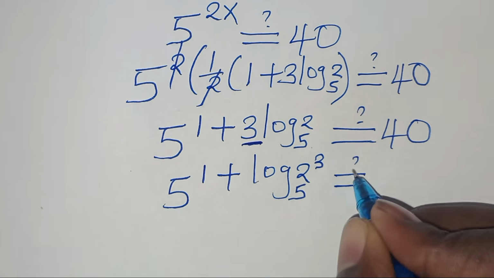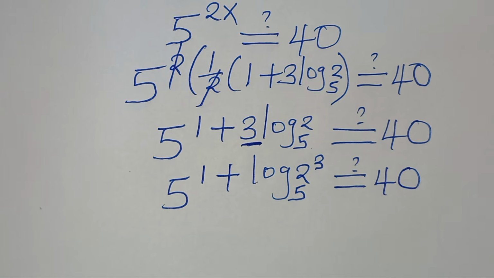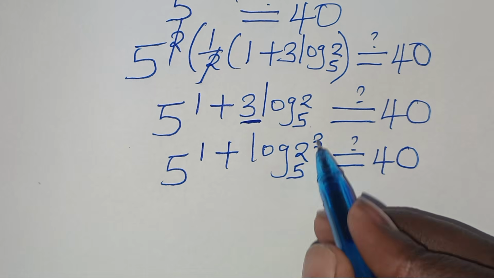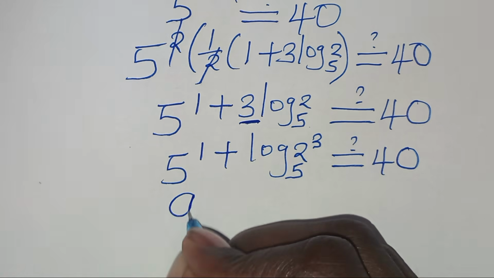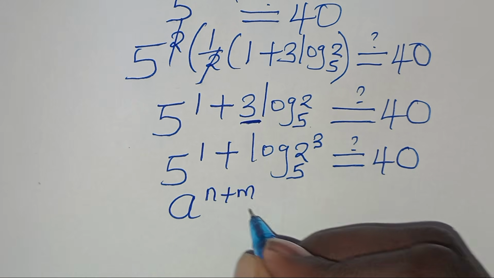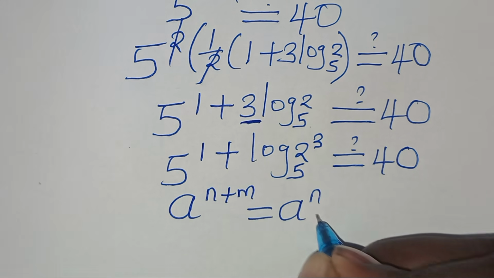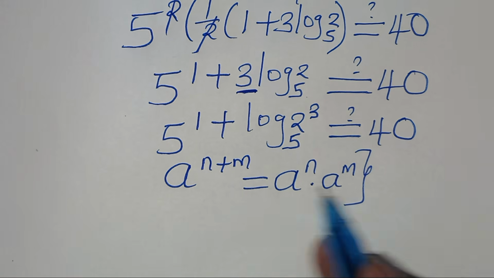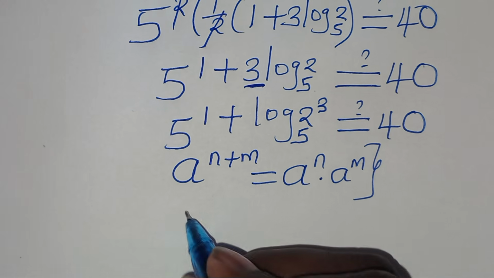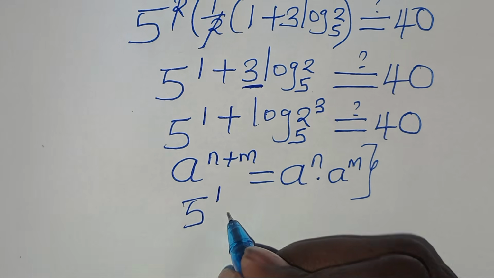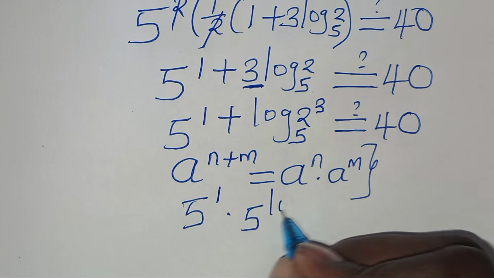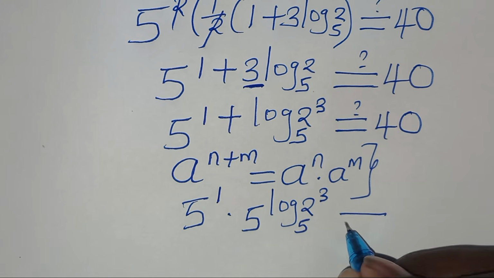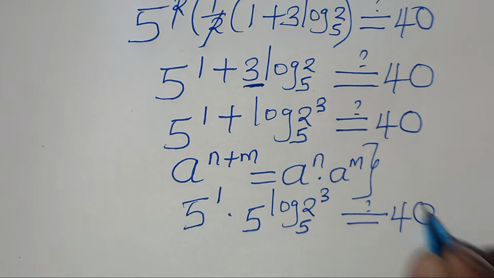Now 5 to the power of 1 plus log 2 to the power of 3 to base 5 is in the form of a to the power of n plus m, which you can express as a to the power of n times a to the power of m. Applying this exponent property, this follows that we have 5 to the power of 1 times 5 to the power of log 2 to the power of 3 to base 5. This should give us a value of 40.